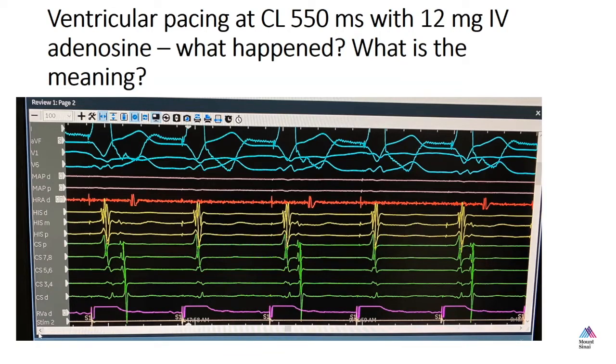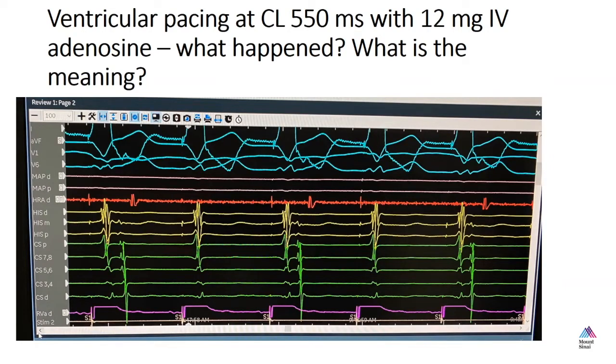It does not block conduction through an accessory pathway. That's exactly correct. Okay, so now you have elaborated perfectly what adenosine should normally do to both AV nodal conduction and accessory pathway conduction. So what do we see here, and what does that tell you about the mechanism?